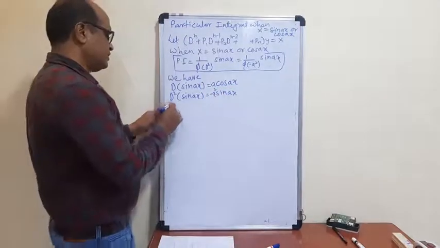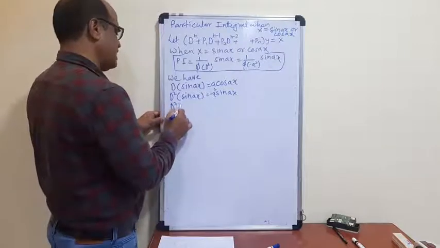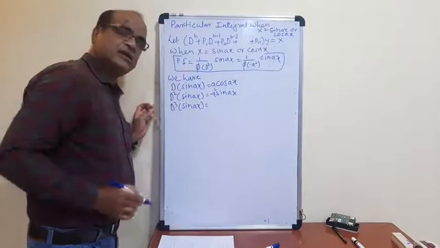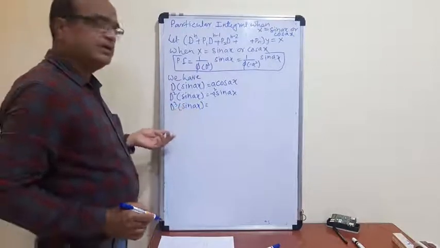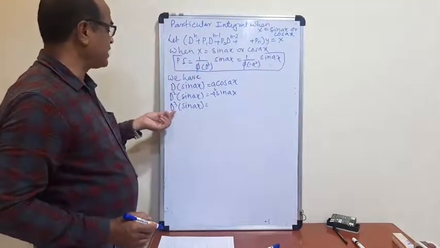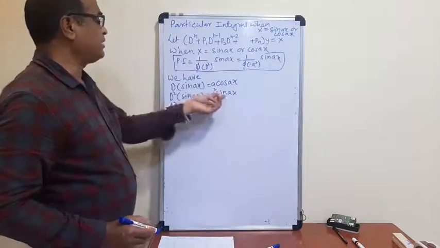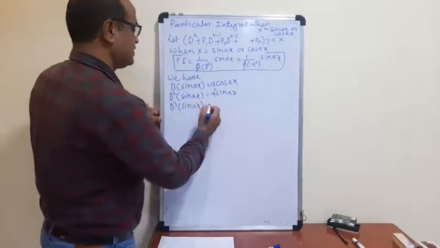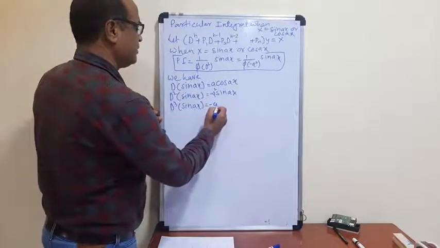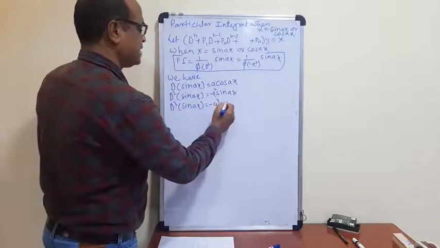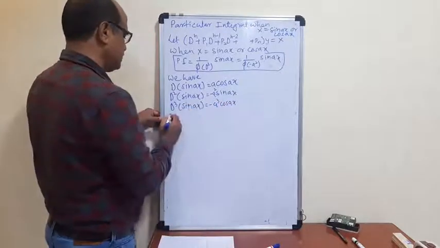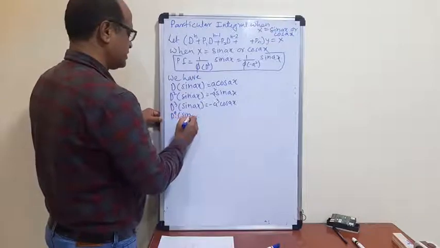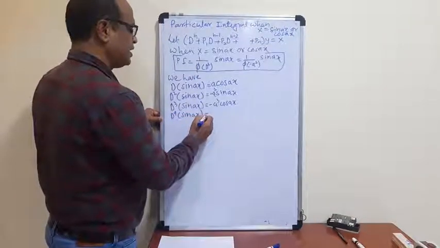What is the d cube of sin ax? Again we take the derivative of this, and similarly we get minus a cube cos ax. What is d raised to 4 sin ax?